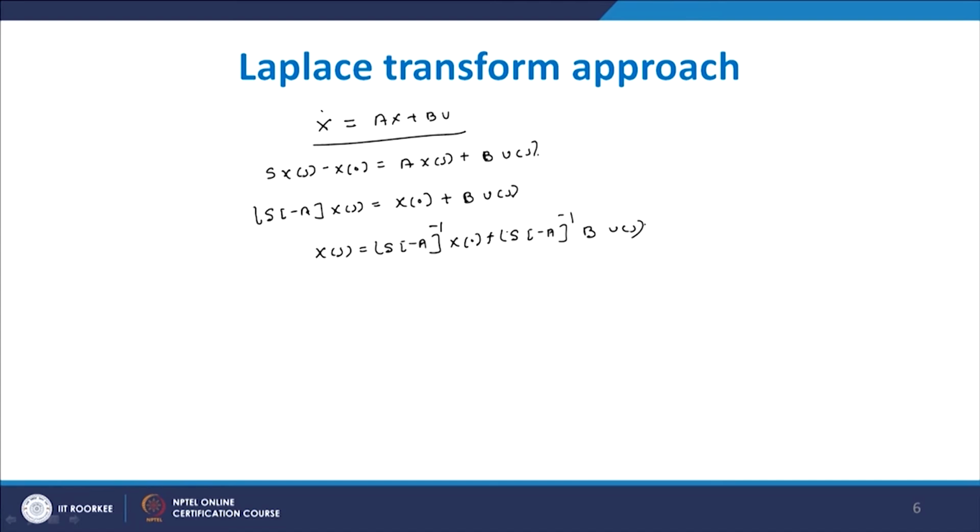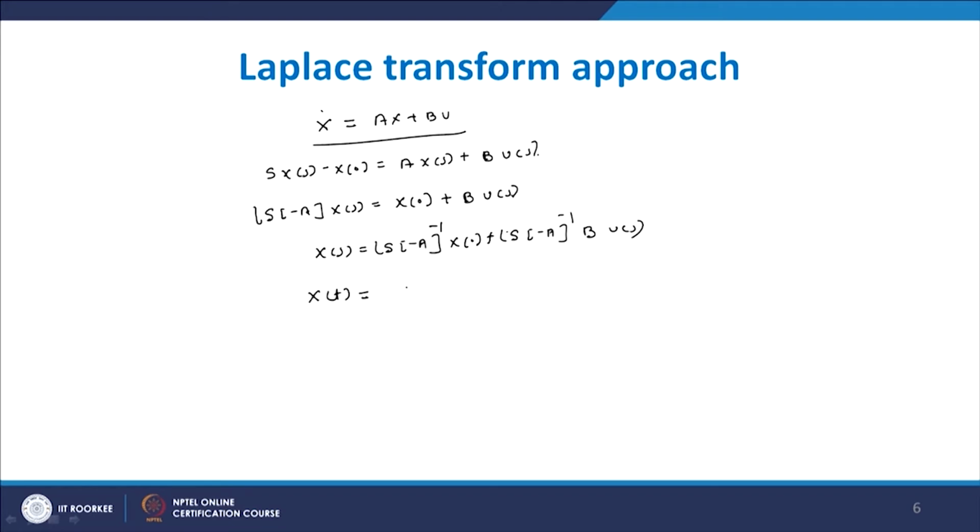That is x of s equals to (sI minus A) inverse x of 0, plus (sI minus A) inverse B into u of s. Now, we have got x of s, but we have state equation, definitely it is in terms of time domain. So, to get the time domain, what we can do? We have to apply inverse Laplace transform to this equation. Now, we apply inverse Laplace transform to these equations.